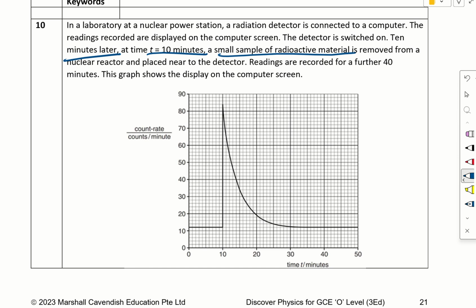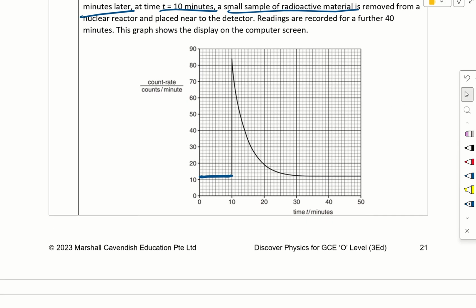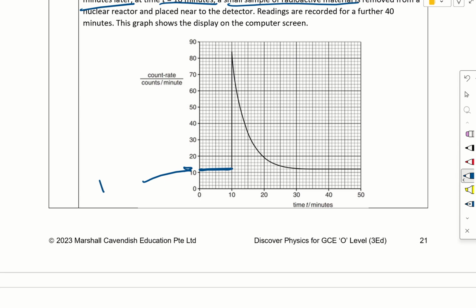Readings are recorded for a further 40 minutes. The graph shows the display on the computer screen. This is the initial 10 minutes, so we can see that the background count is 12 per minute.